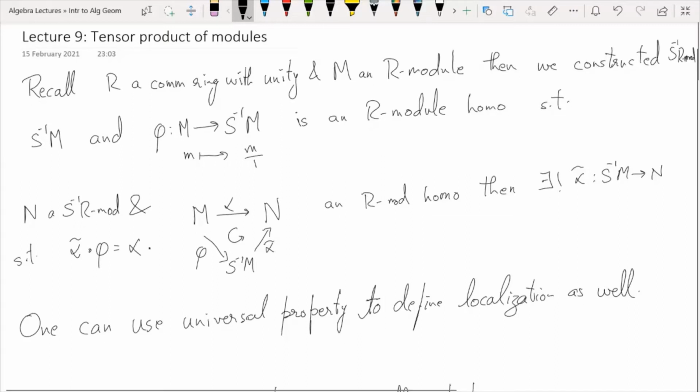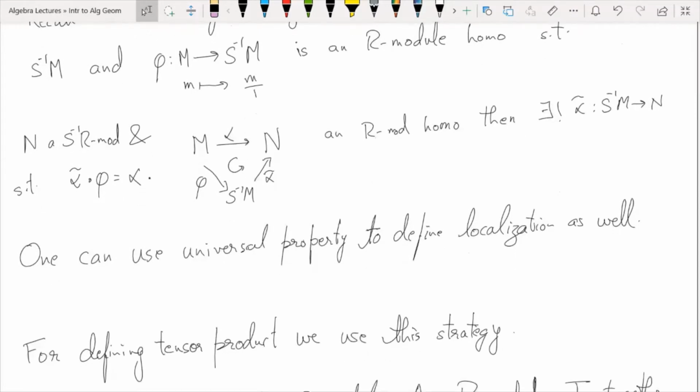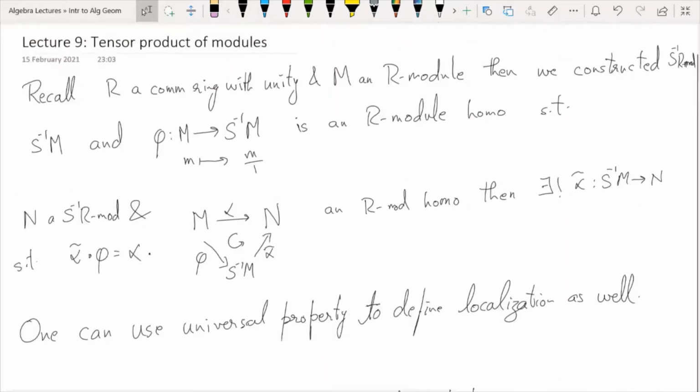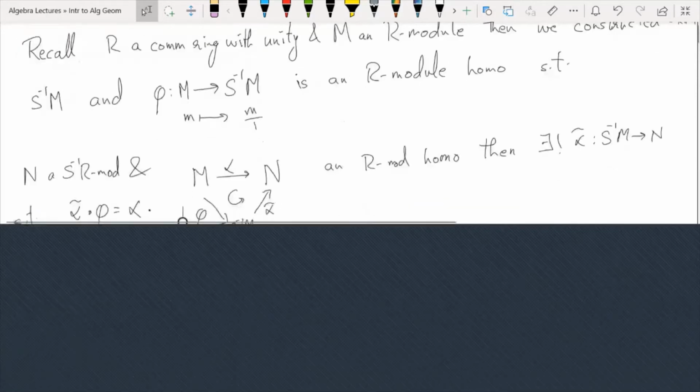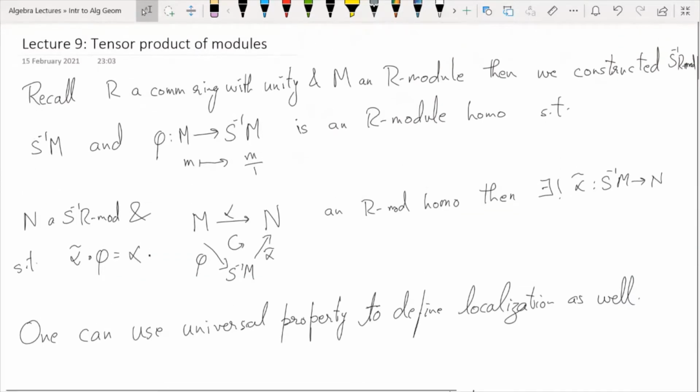But for tensor product, we'll use this universal property strategy to define it. Once you define it using the universal property, you still have to show that it exists. Existence is shown by construction: you do the construction, as we did for localization, and show that it has the universal property.